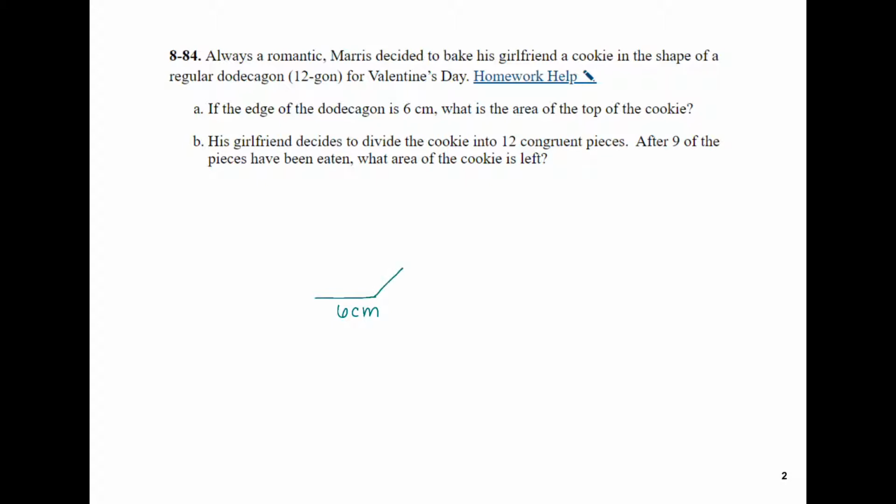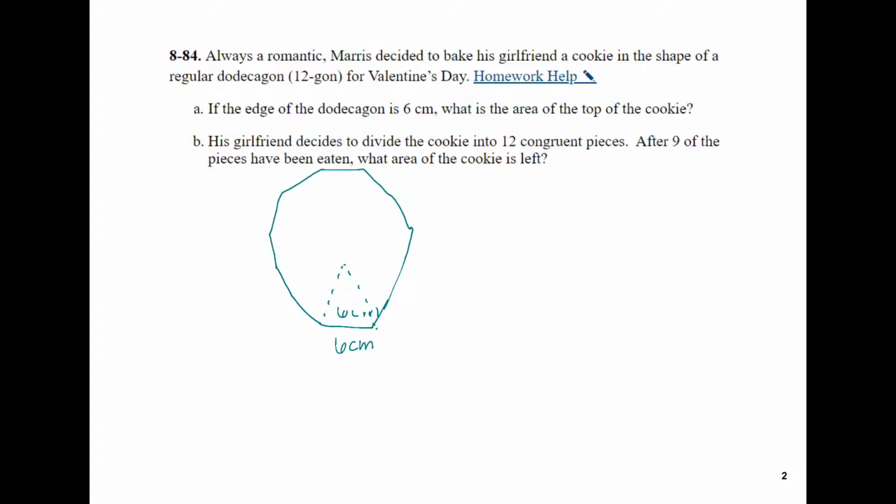So when we are working with a 12-sided shape, it's kind of hard to draw, but we know that we're talking about one side is 6 centimeters long.